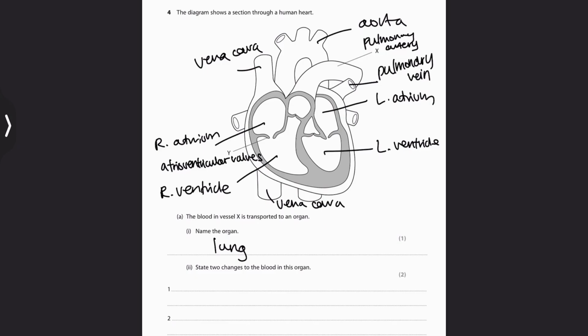State 2 changes to the blood in this organ. Well, think about what happens to the blood in the lungs. It's going to drop off, or release, the carbon dioxide, and then it's going to pick up oxygen at the alveoli.